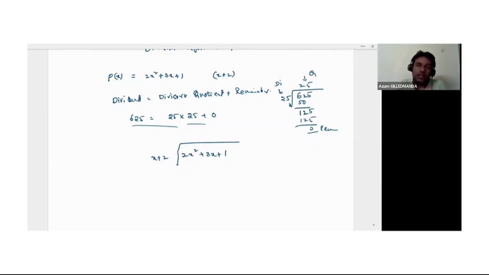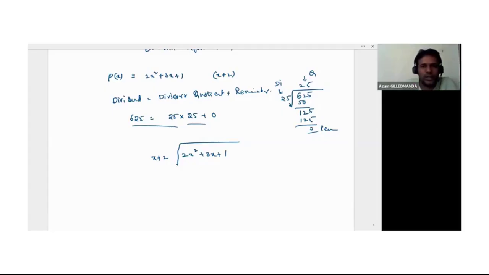How did I get that 2? Because I know the multiples of 25: 25 ones is 25, 25 twos is 50, 25 threes is 75. So I took the closest value, which is 2 times. But how can you do this for a polynomial? That we can't do.